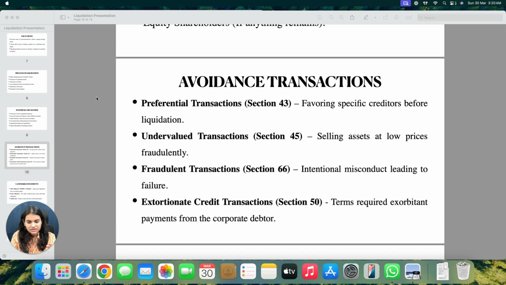Once such a clearance is given by the liquidator, once such an application is filed by the liquidator, the NCLT passes an order for dissolution. Once the dissolution order is passed, it is communicated to the authority with which the corporate debtor is registered, the Ministry of Corporate Affairs.